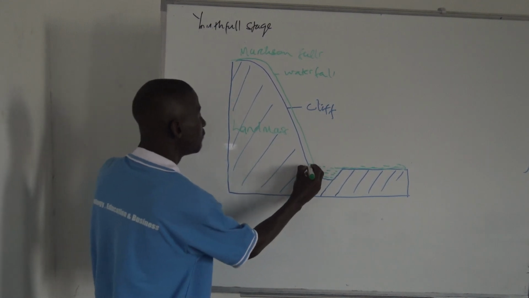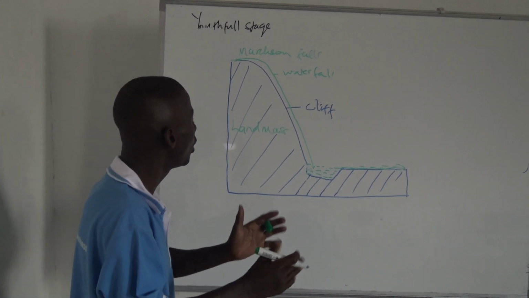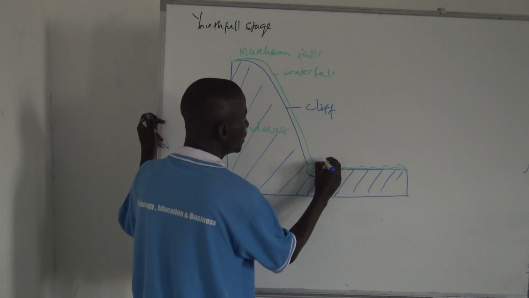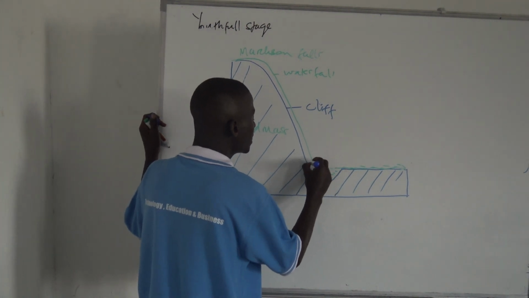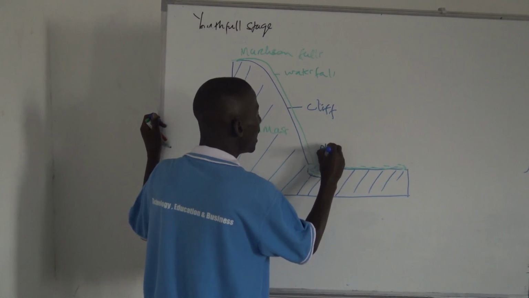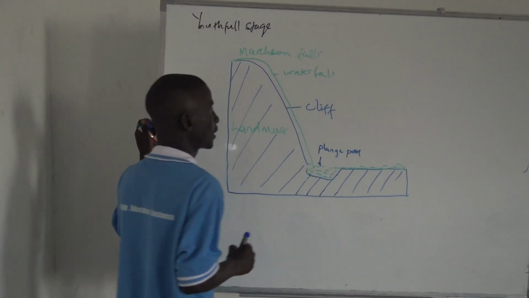After the rocks have been eroded heavily here, a small depression is created. This depression is what we are referring to as a plunge pool.